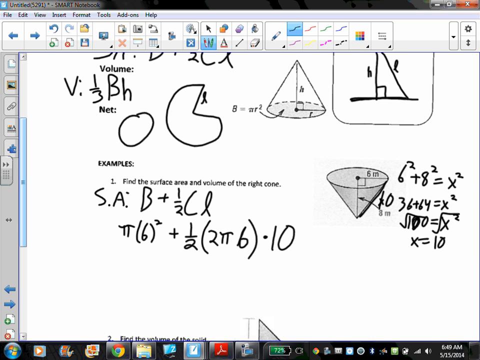I'll use 3.14 for pi, and I'm just going to enter this into my calculator. So we have 3.14 times 6 squared plus 0.5, which is 1/2, times 2 times 3.14 times 6 times 10. And I'm getting about 301.44 meters squared for the surface area.